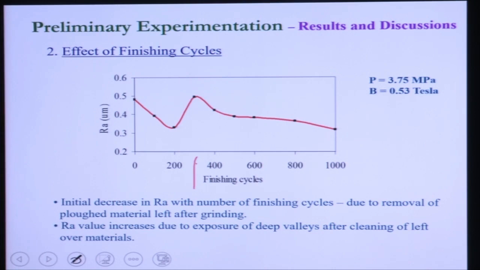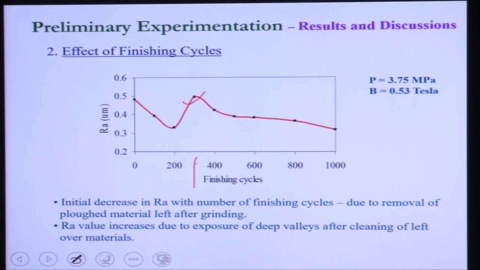But after a few finishing cycles, whatever the original peaks or valleys are there get exposed. Due to that, with increasing finishing cycles, your surface roughness deteriorates again, and then slowly it improves because of the cleaning of the leftover materials.